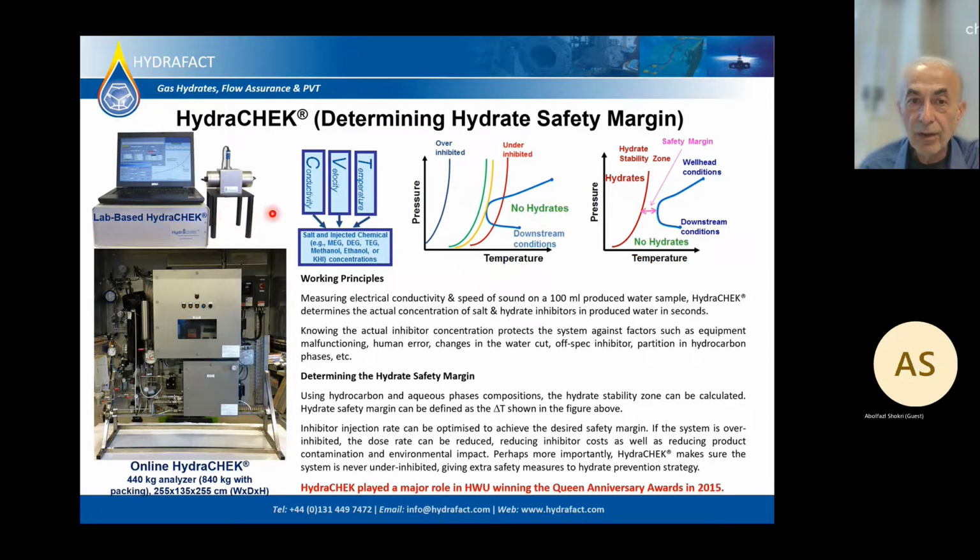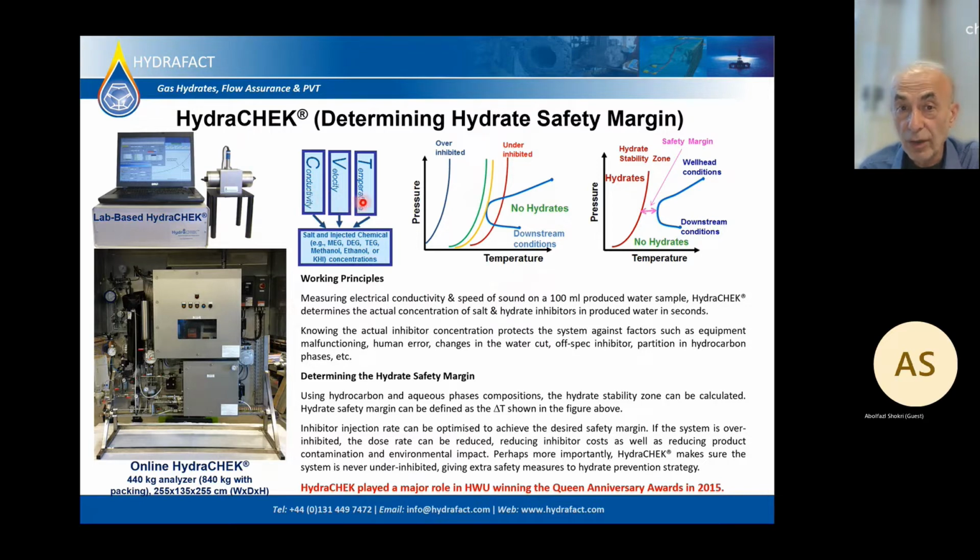This device measures three properties: conductivity of the aqueous phase, velocity of sound in the aqueous phase, and temperature, because with temperature, these parameters will change. So in effect, we have two independent parameters.